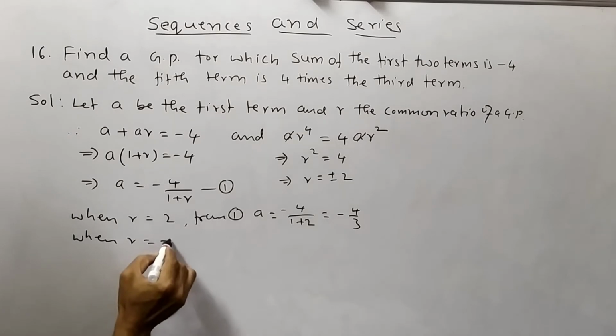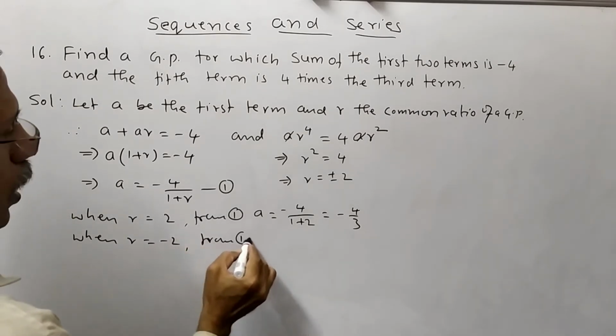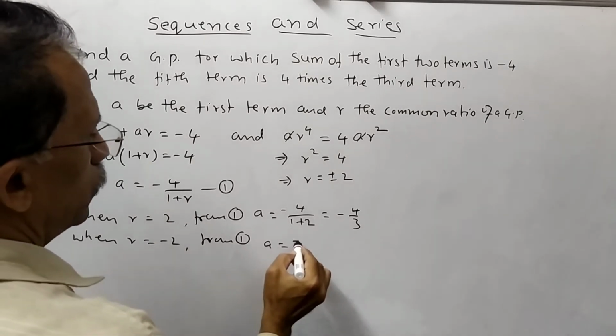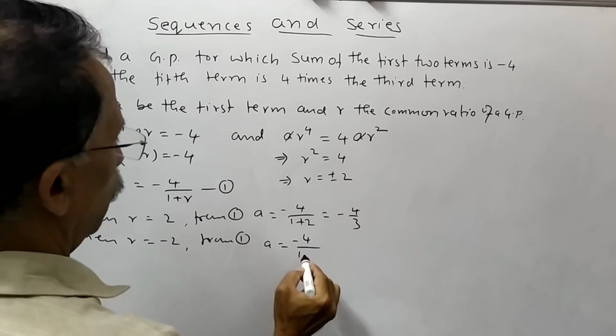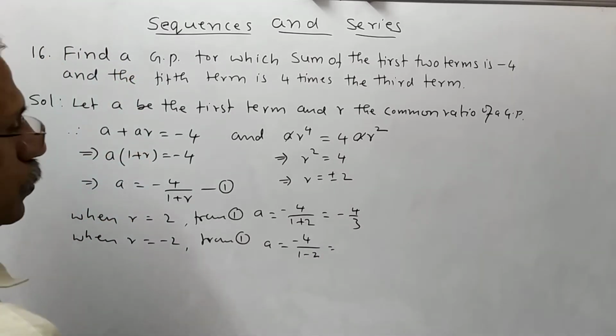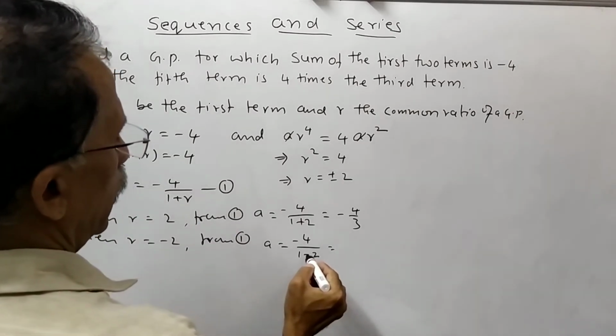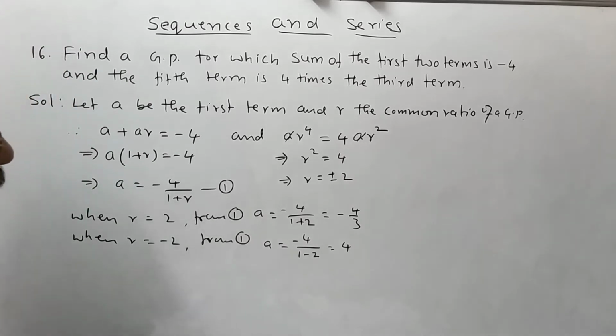When R is equal to minus 2, from 1, A is equal to minus 4 divided by 1 minus 2, is equal to minus 1 in the denominator, so the minus sign will get cancelled, we will get A is equal to 4.